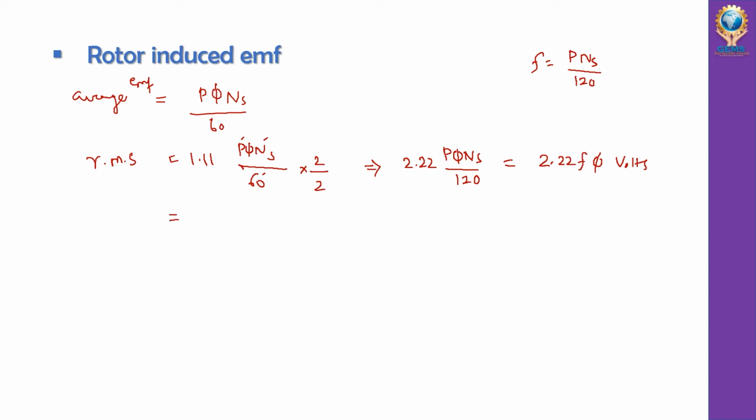This is the RMS value of EMF for one conductor per second. So the RMS value is equal to 2.22 f phi volt.